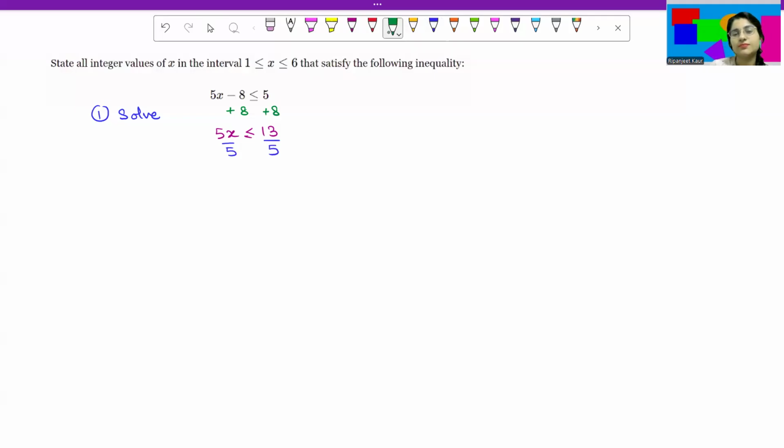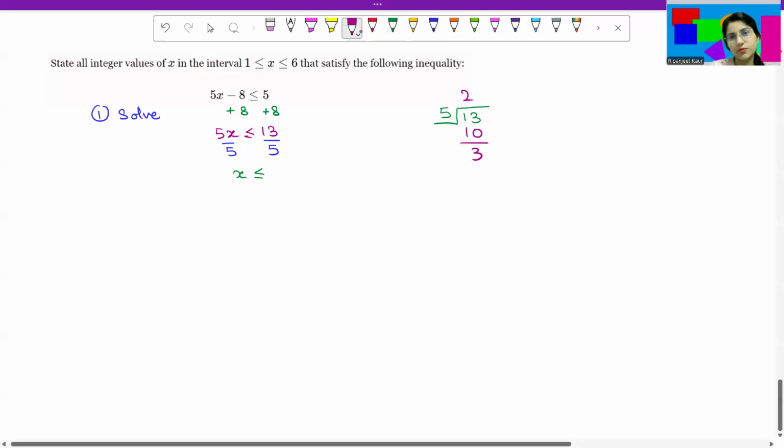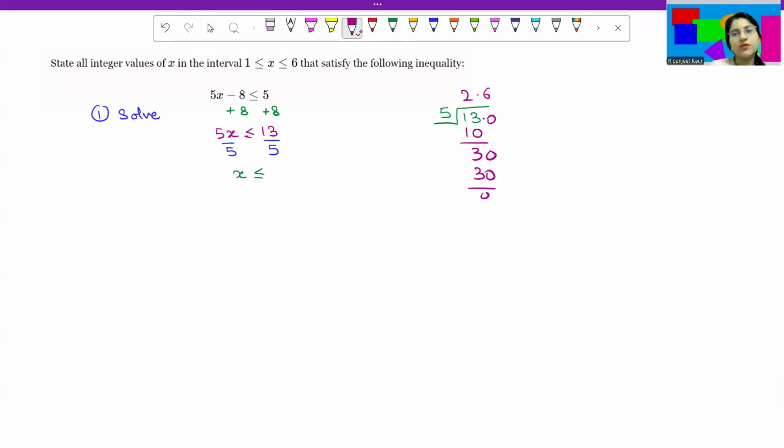It will give us x is less than or equal to, let me write, 2.6. Very good. After that, we'll be placing a decimal point, and we got 2.6.